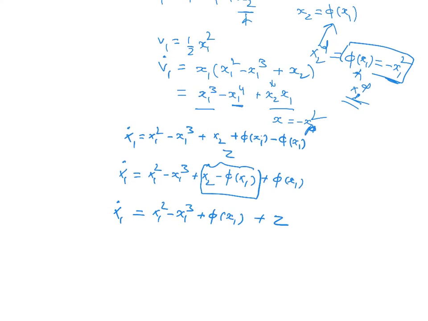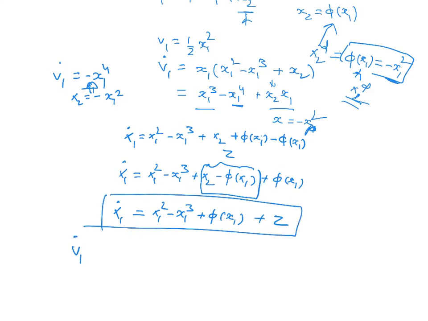Because V1 dot equals minus x1 to the power 4 when x2 equals minus x1 squared. Remember that. So we can write V1 dot again, and that's one equation, and also another equation.